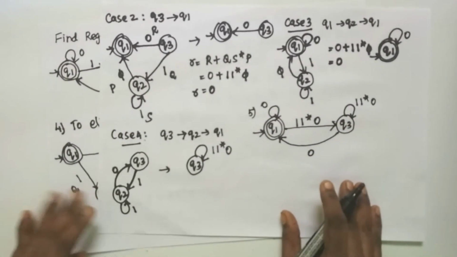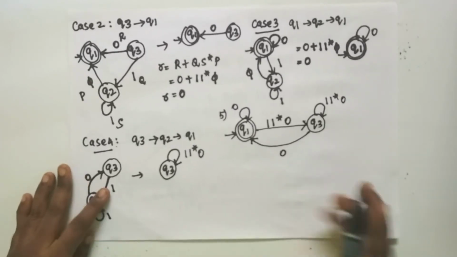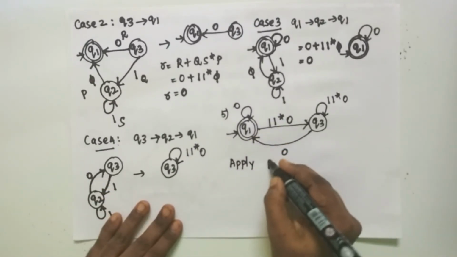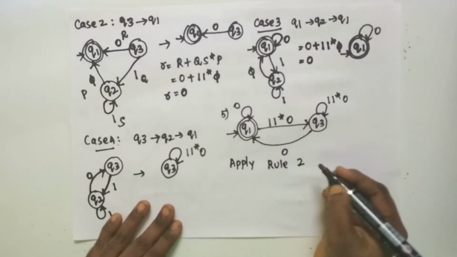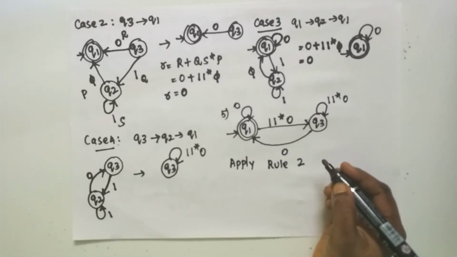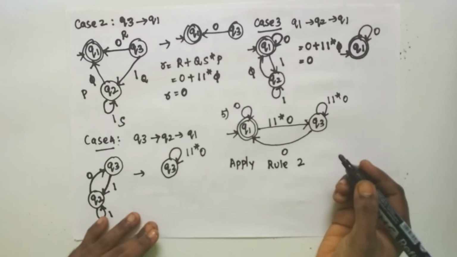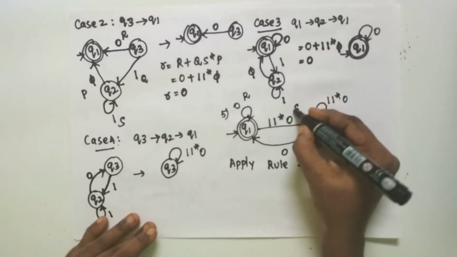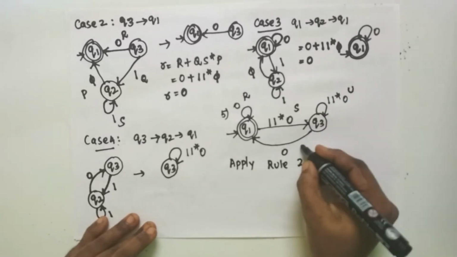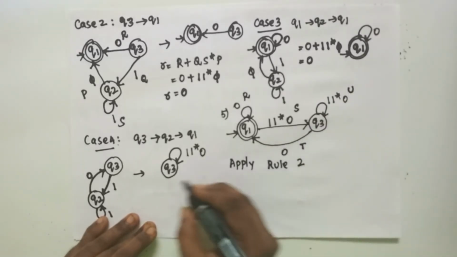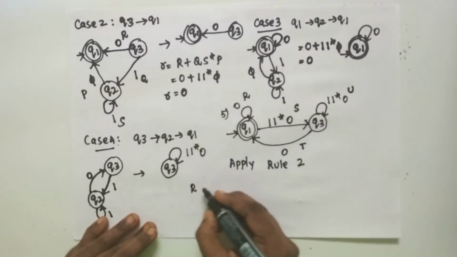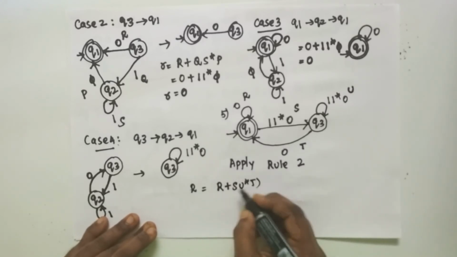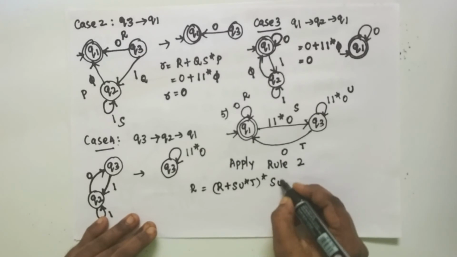So now what we are going to do is apply rule number 2. Rule number 2 is R plus S U star T the whole star into S U star.